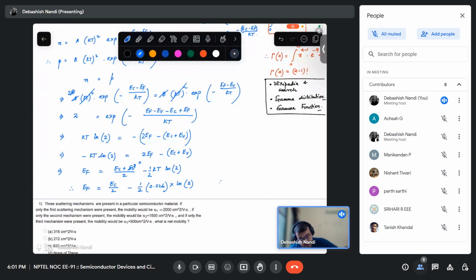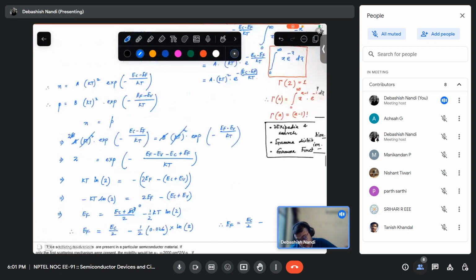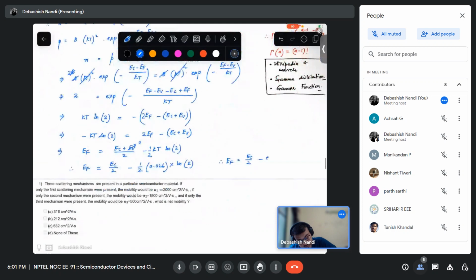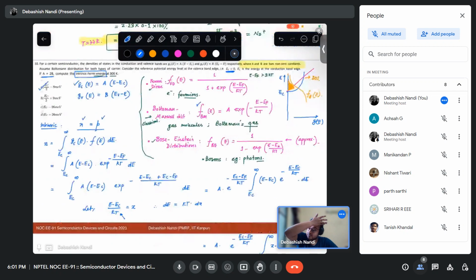So you will find your Ef to be Ec by 2 minus this, which will be about 9 milli electron volt, or let's take this as 6 milli electron volt. So this will be your answer. A will be your answer.